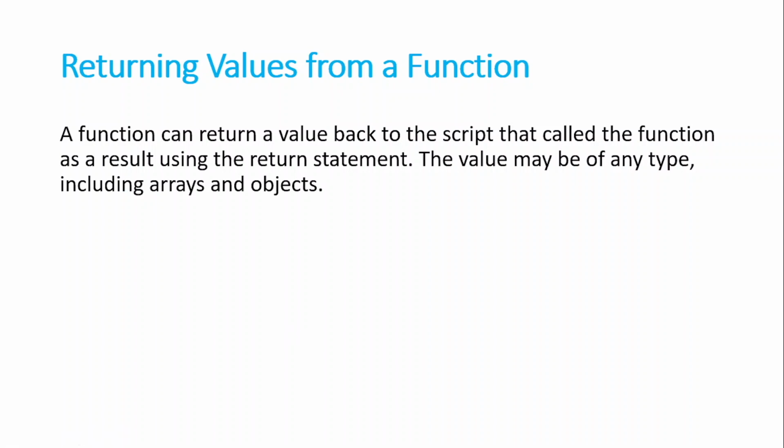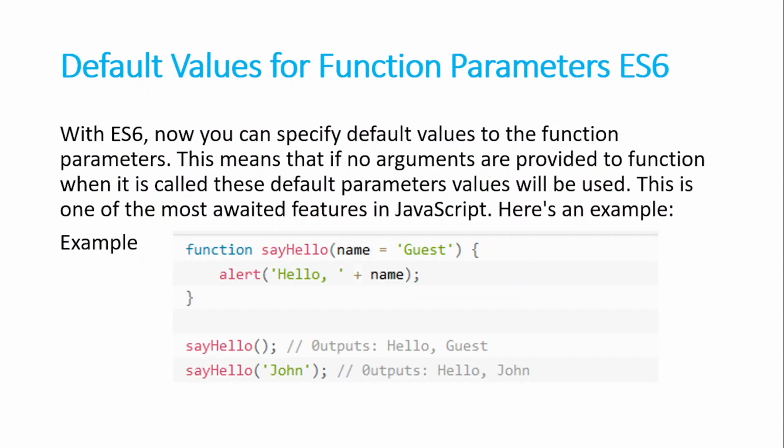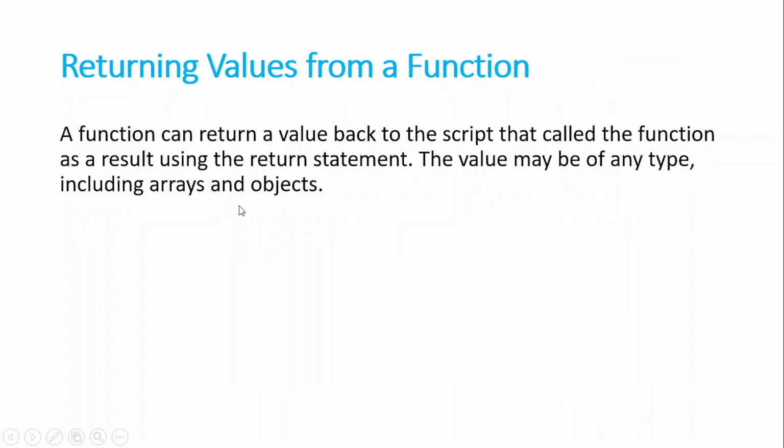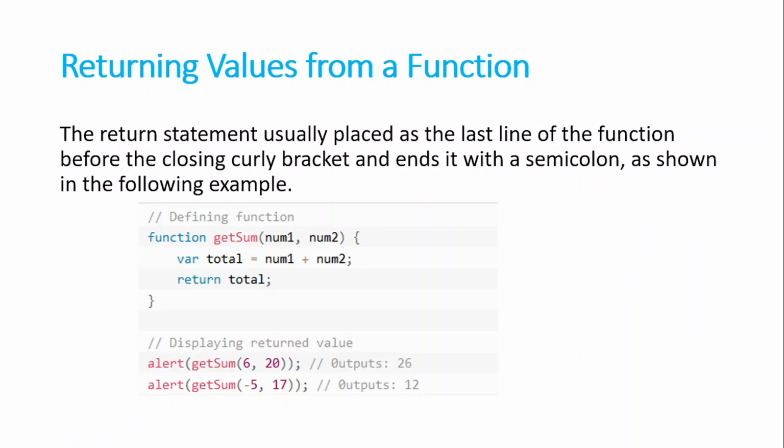We can also return a value back to the script that called the function. In the earlier one, we were just adding a log or an alert. We can also return some value from a function. So it can include any type of value. In this case, you can see we are just adding a return keyword to the sum.